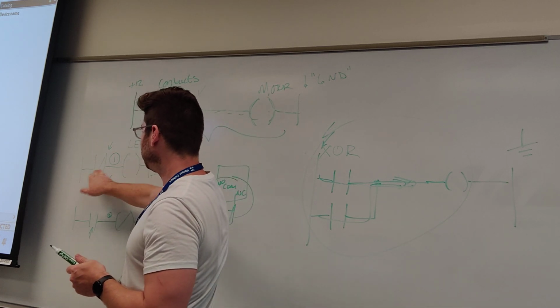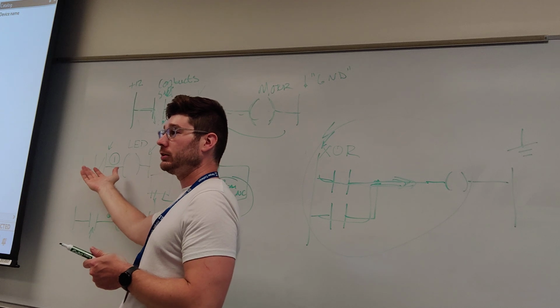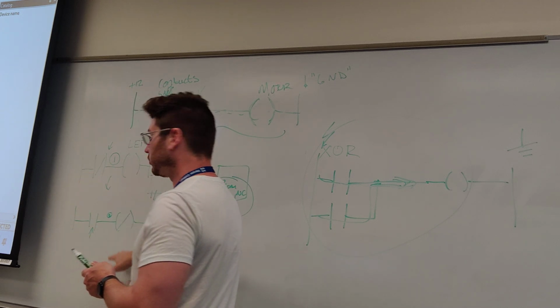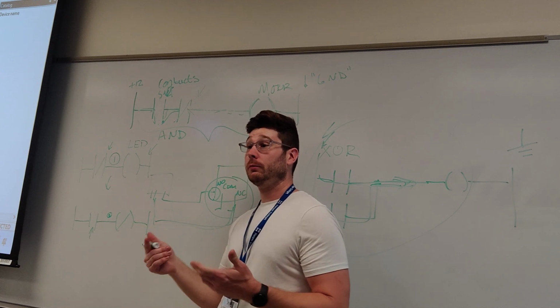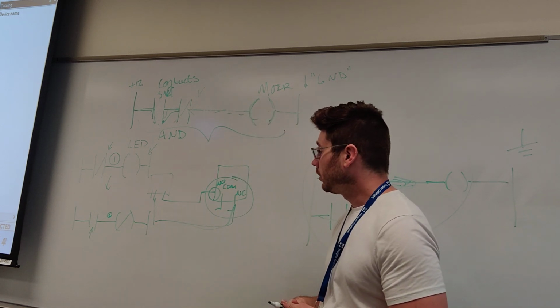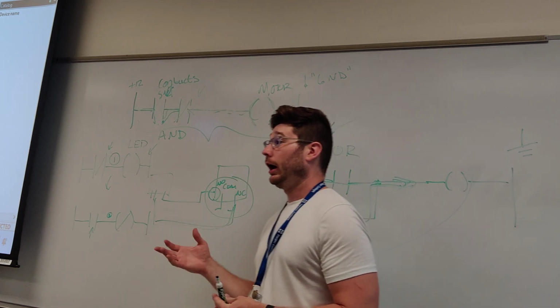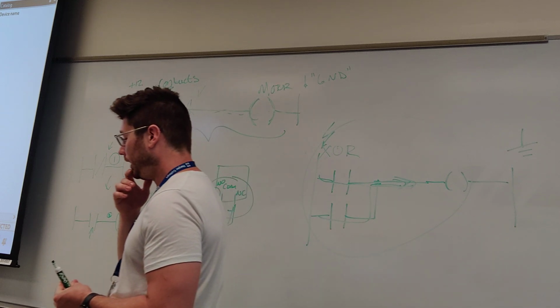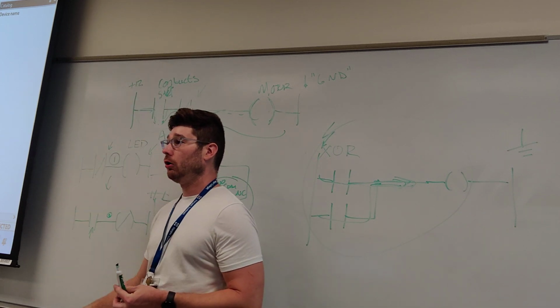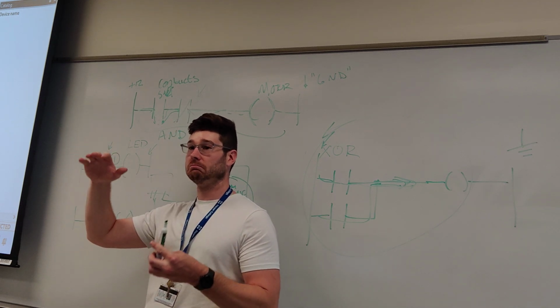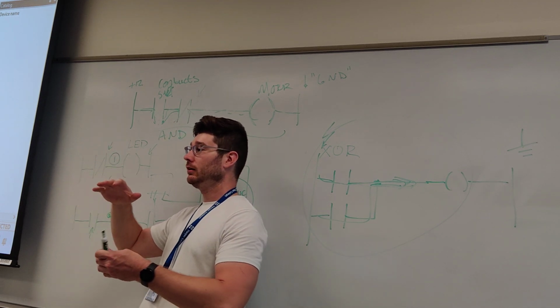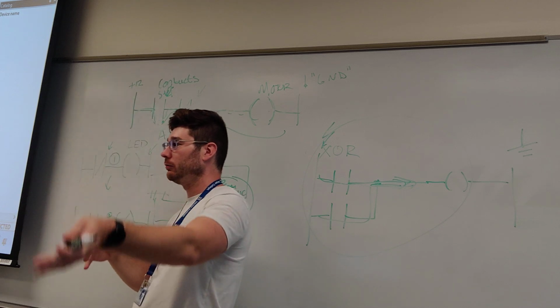Normal contacts are quite easy, in that they respond to the opposite state by default. So for example, say you had a sensor, and you wanted a motor to turn on when that sensor is outputting low. Say a tank needs to be filled, and we have a sensor that's monitoring that tank, and if it's empty, it's 0, and then we need to turn the motor on.